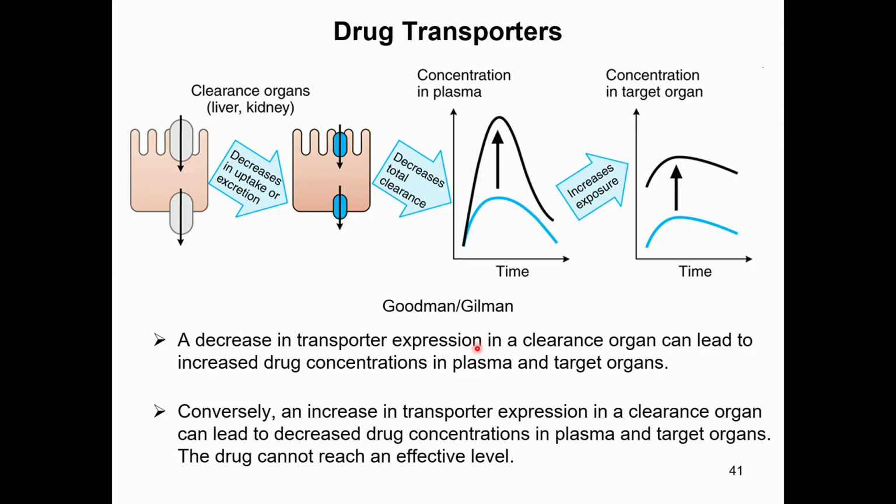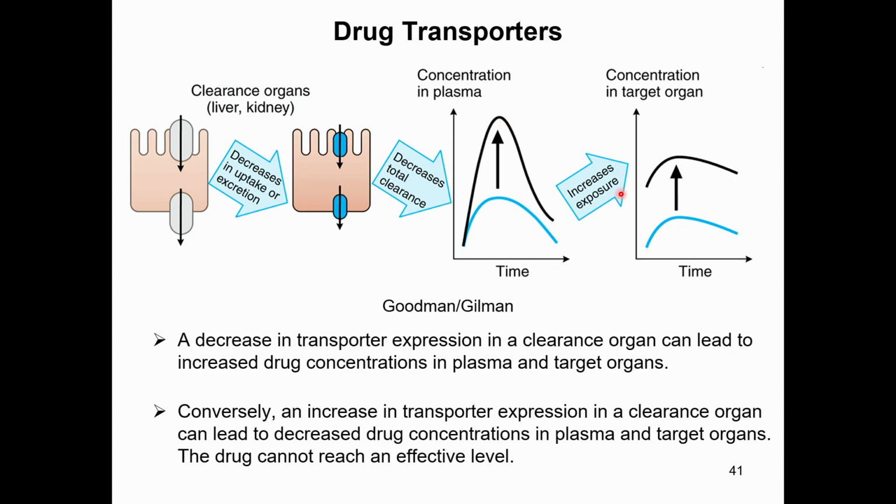If you have decreased transporter expression in a clearance organ, an organ that's eliminating drugs from the body, well, the drug will accumulate to high levels in the plasma, right? So since these transporters are removing drugs from the blood, if you have poor expression of these transporters, drugs will accumulate to high concentrations.